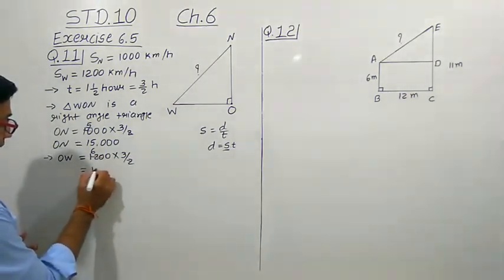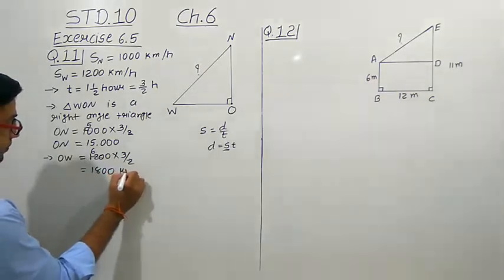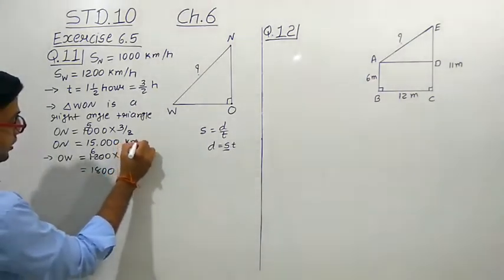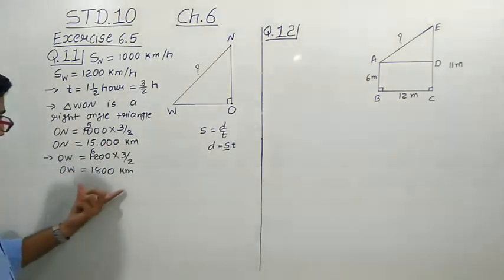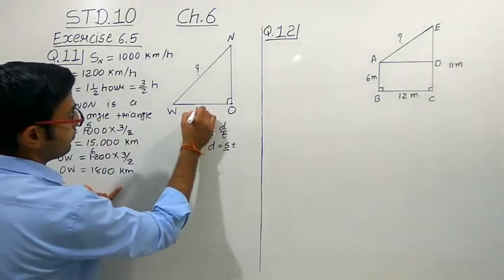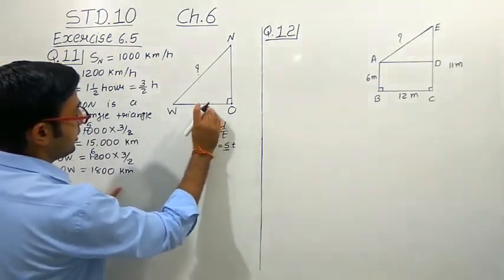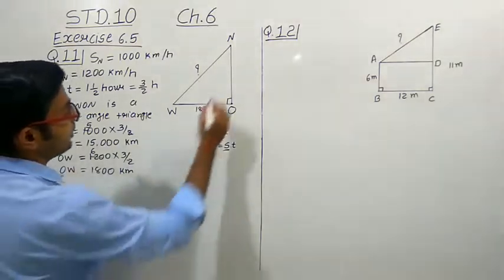So here we get 1800 kilometers. So this is the distance OW. We can represent this distance over here: OW is 1800 kilometers, and the distance ON is 1500 kilometers.